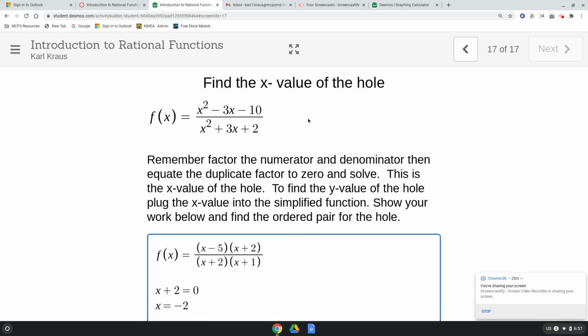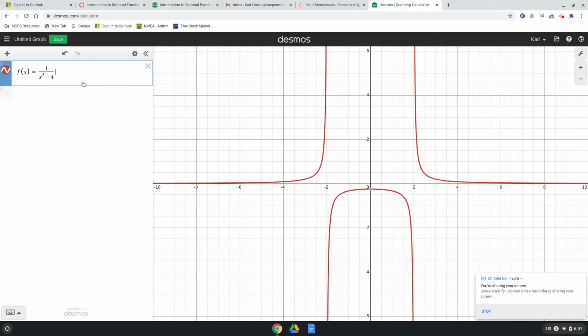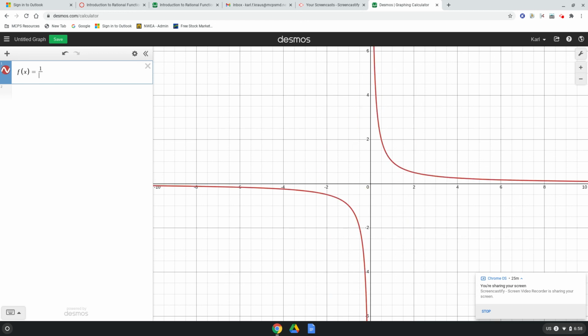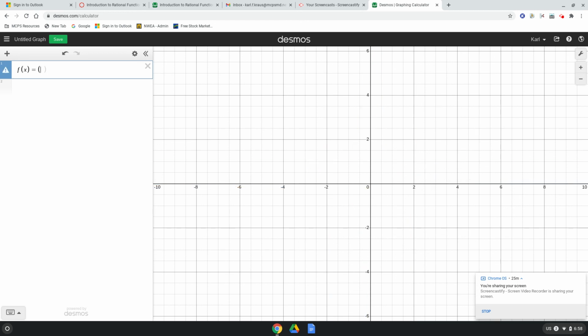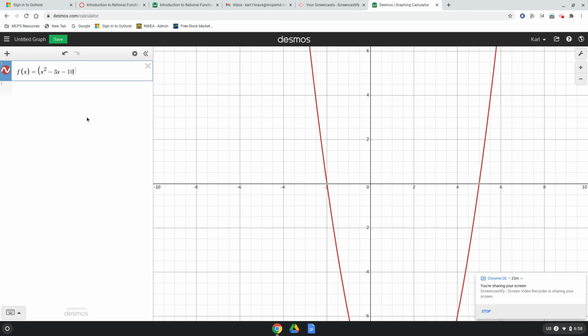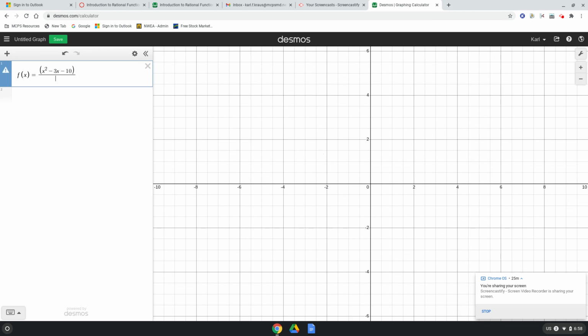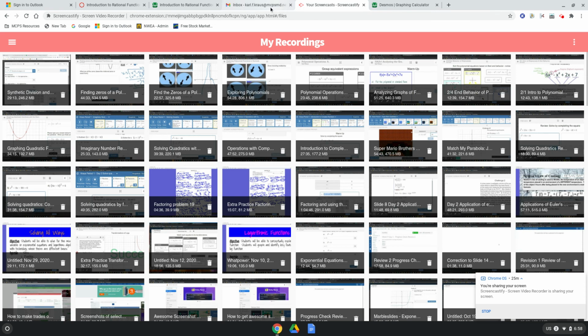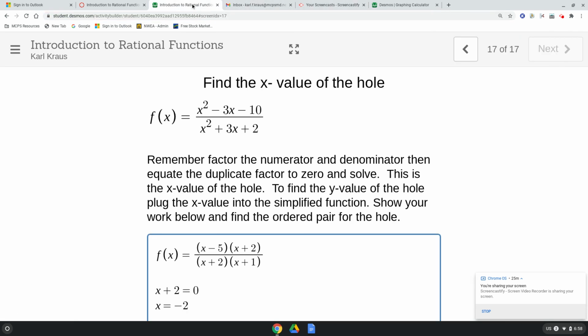So let's go ahead and graph this and show you: x squared minus 3x minus 10 and x squared plus 3x plus 2.